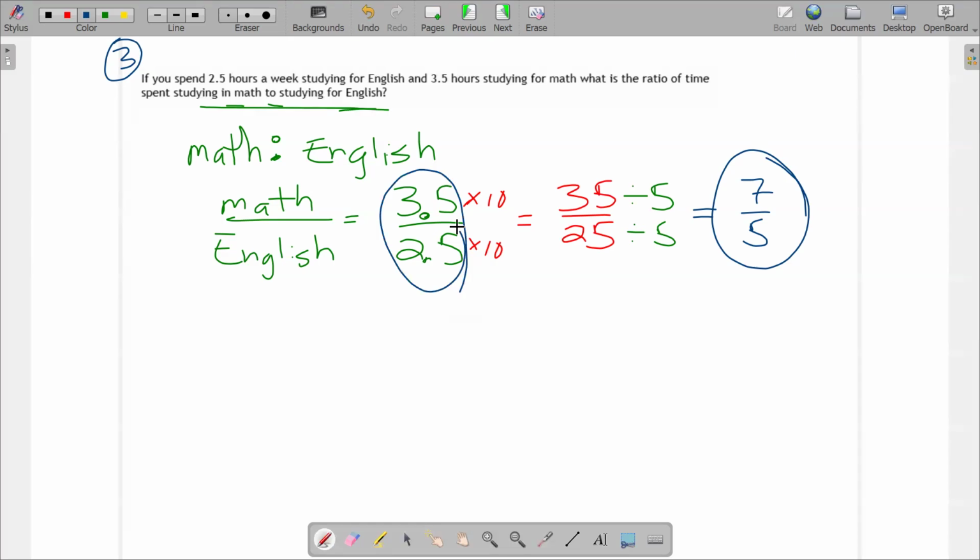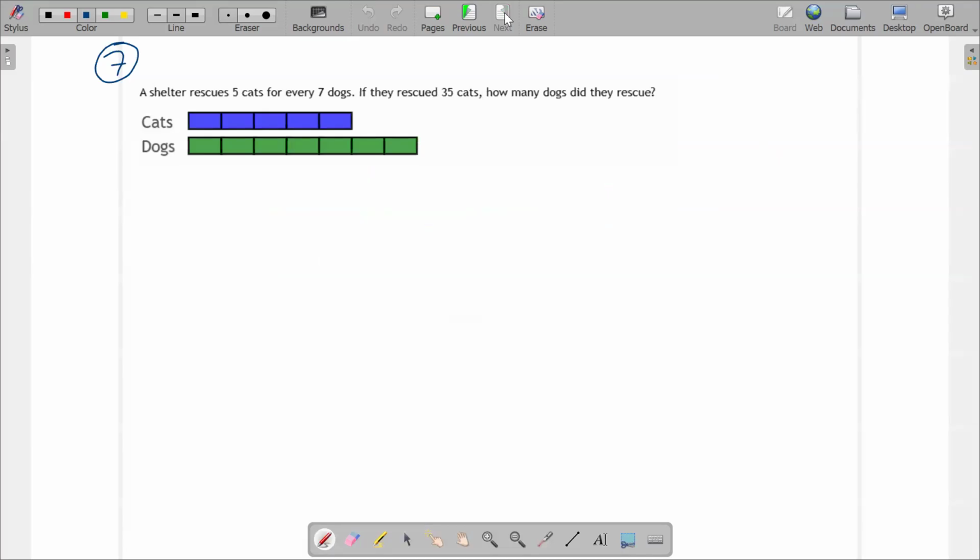All right, next. This here, when we draw a picture of some kind of ratio, is either called a bar model or a tape diagram.